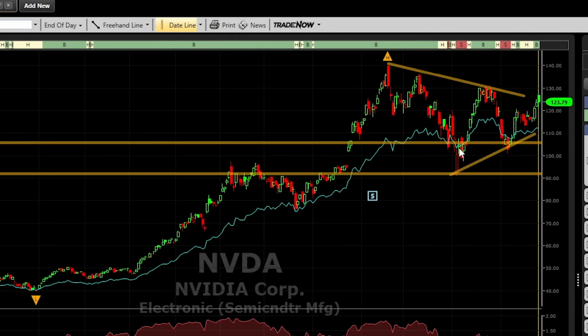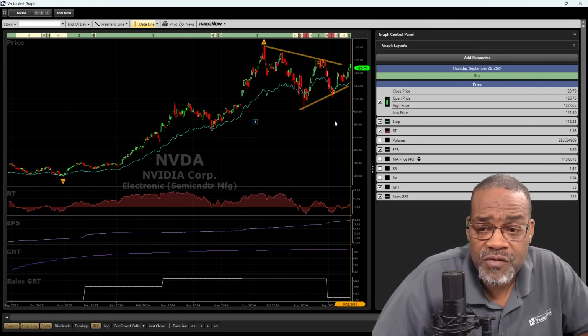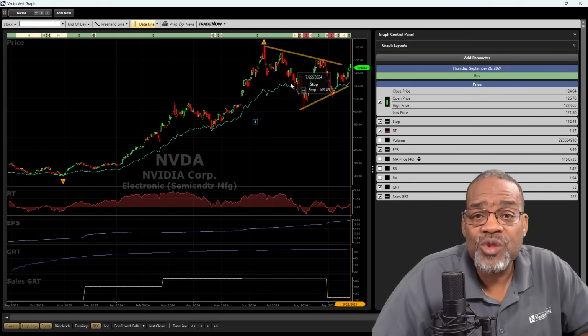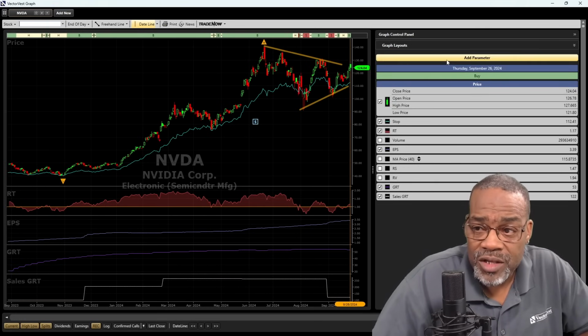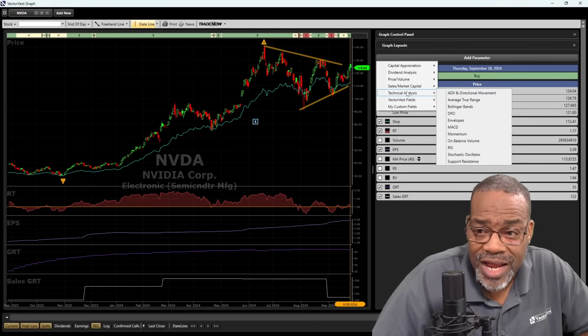All right, so with those both being said, I'm going to take off the levels that I eyeballed, and I'm going to show you the power of the VectorVest software. We can add support and resistance to our graphs, but the VectorVest system will draw them for you. I'm going to click on Add Parameter. I'm going to go down to Technical Analysis.